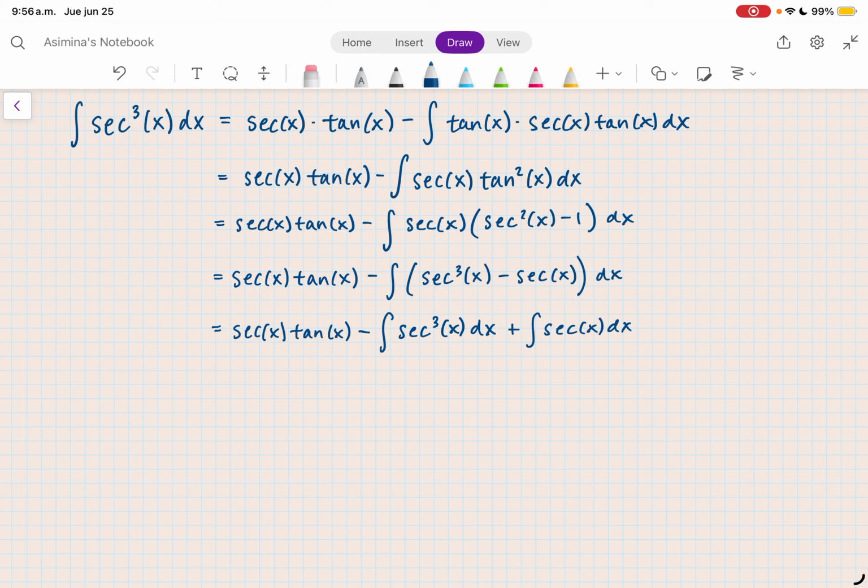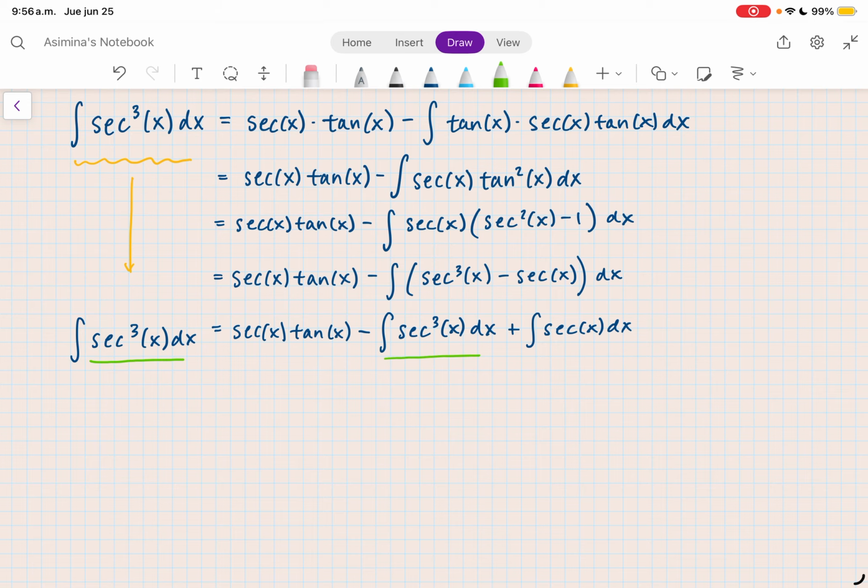Now, remember, on the left-hand side, I have secant cubed of x dx. So I'm just going to bring that down because I haven't been rewriting it on the left-hand side, but this is secant cubed of x dx equals this. So what do I notice? I notice I have the integral of secant cubed here, and the integral of secant cubed here.